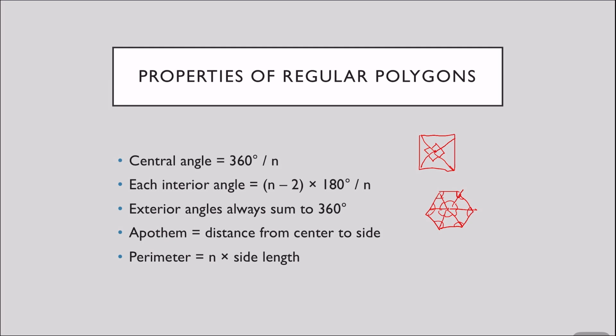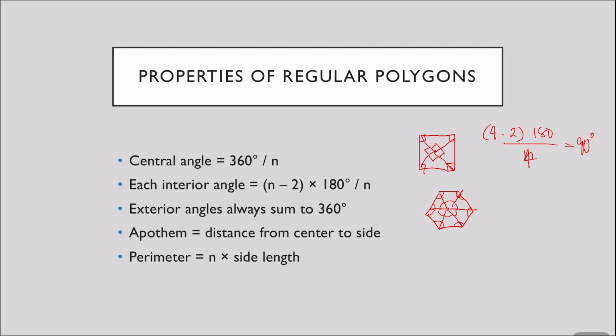Okay? So let's say, for example, for square, alam naman natin na it's all 90 din, no? This interior angles. But let's try to put it in the formula. 4 minus 2 times 180 all over n, which is 4 pala. Okay? So 4 minus 2 is 2 times 180, 360 divided by 4, 90.